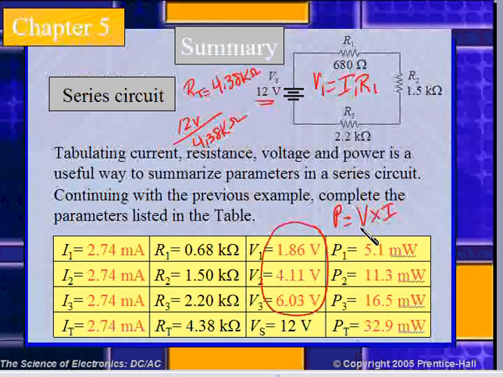The voltages across each resistor are different. You do not have 12 volts across each resistor. You have a portion of the 12 volts across the resistor, as you can see like we just calculated. So for V1, this would be 1.86 times 2.74 to get P1. P2 is 4.11 times 2.74, and P3 is 6.03 times 2.74.